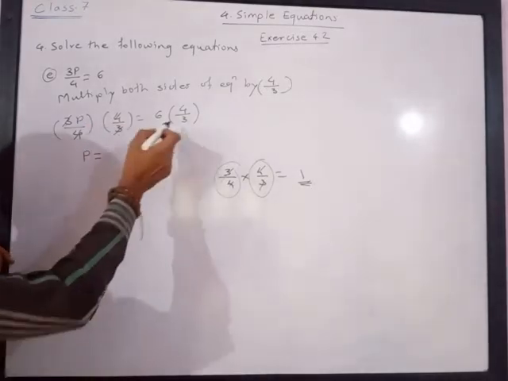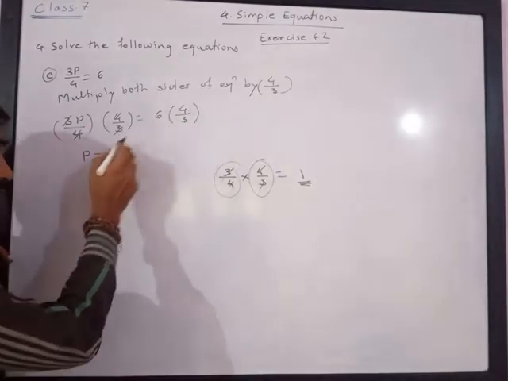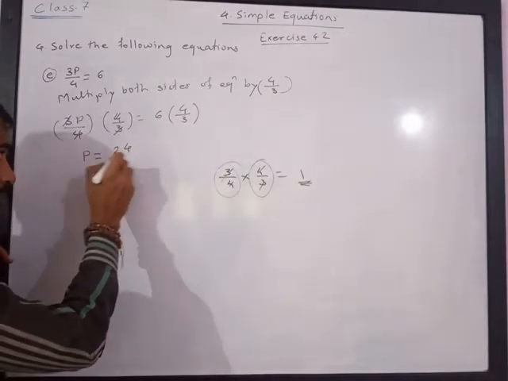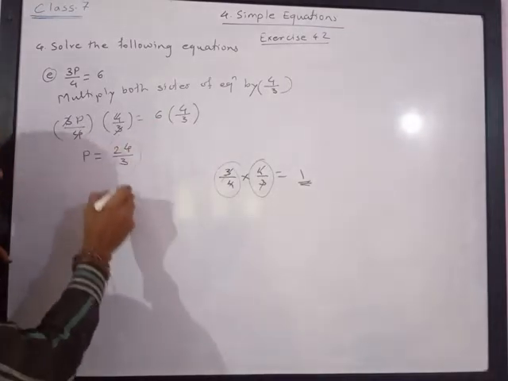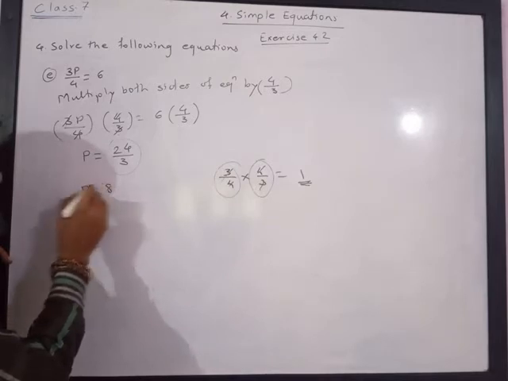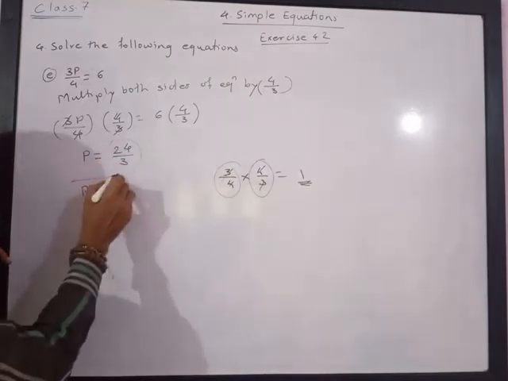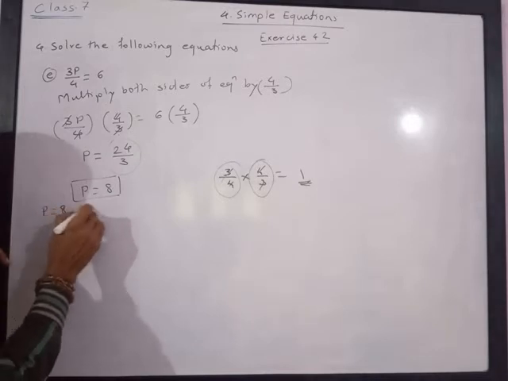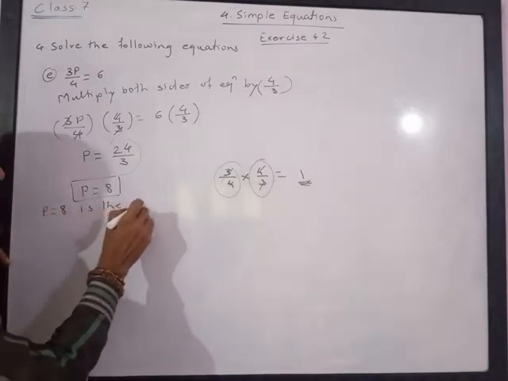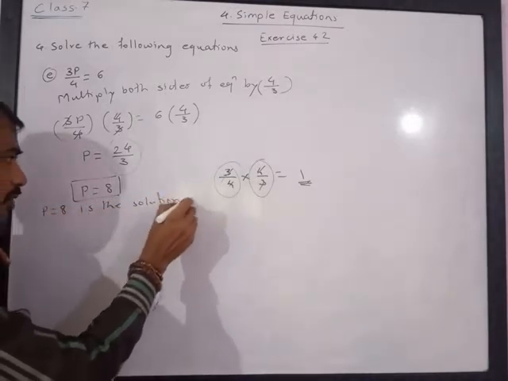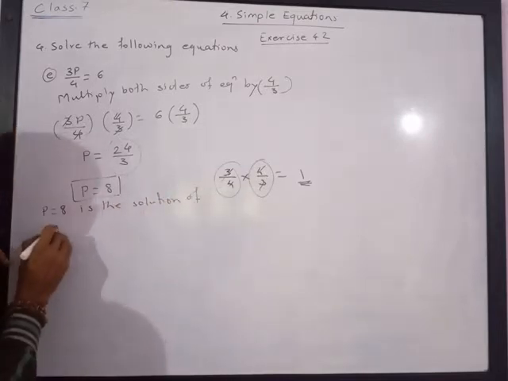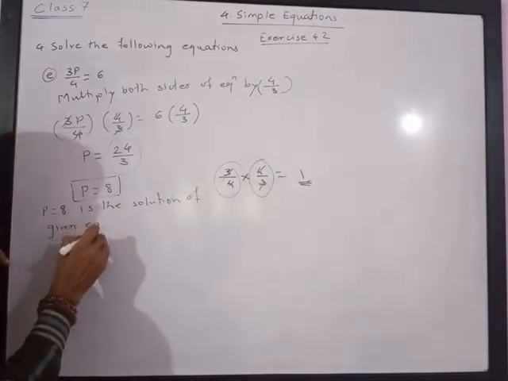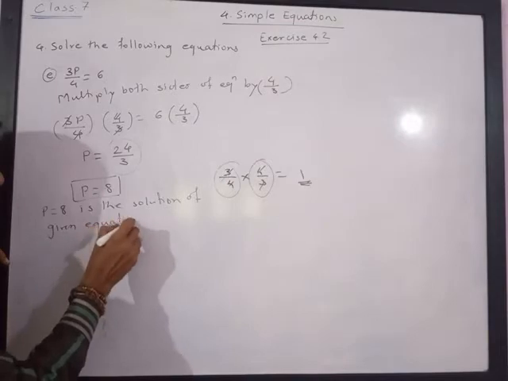This is equal to 6 fours are 24 upon 3. This is a reducible fraction, so we will get p = 8, since 3 eights are 24. So p = 8 is the solution of the given equation.